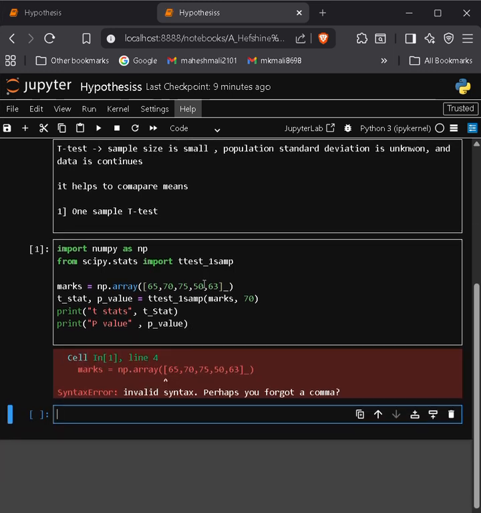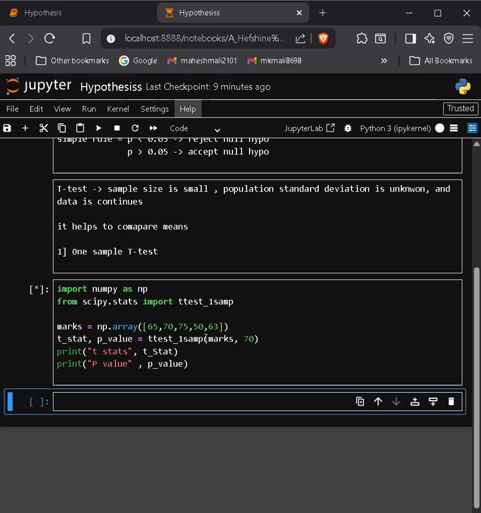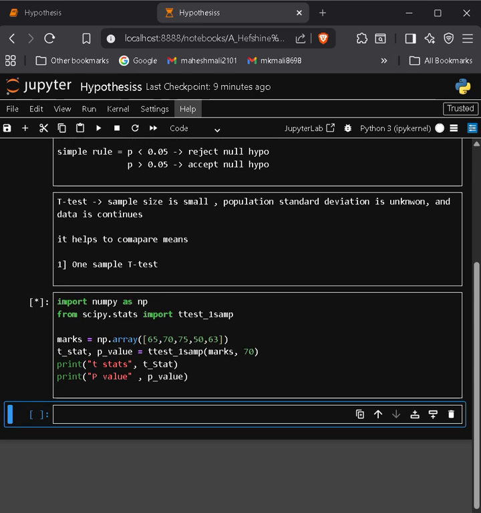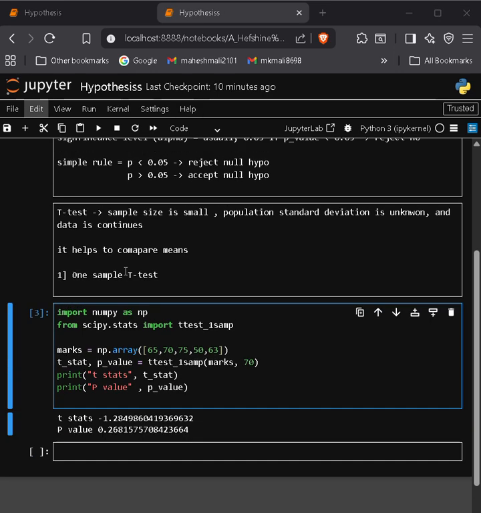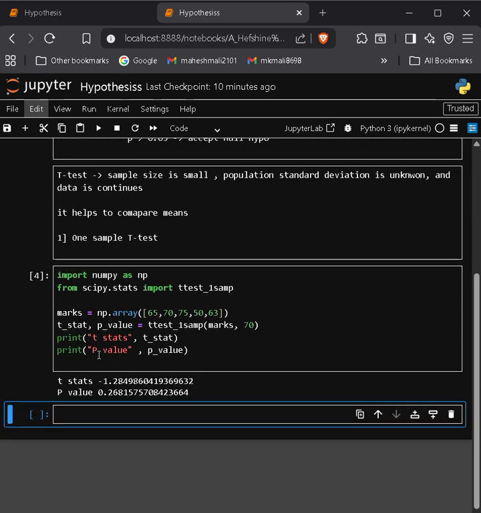There is a mistake. Okay, we see the output, the t-stat and p-value.